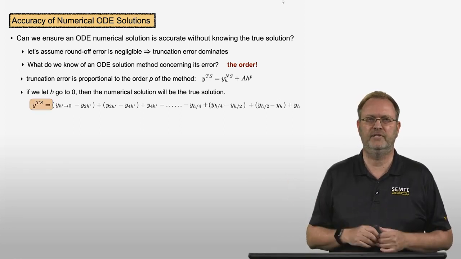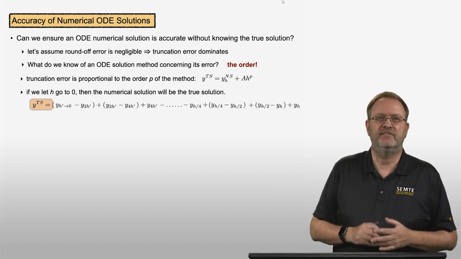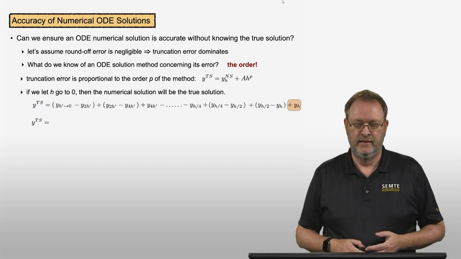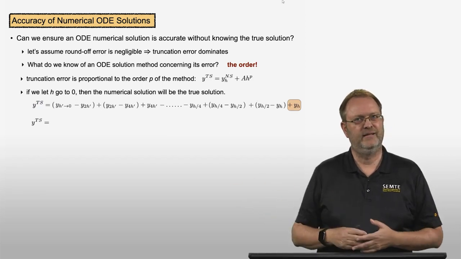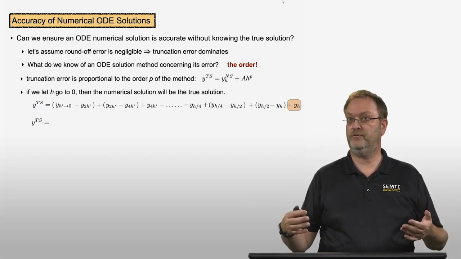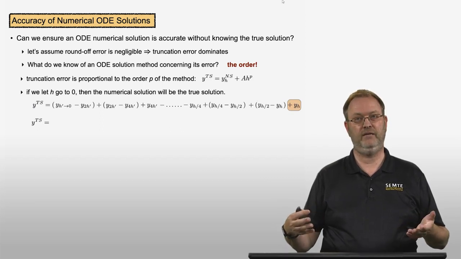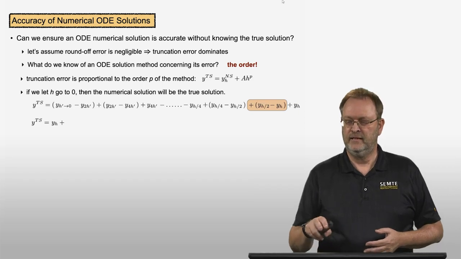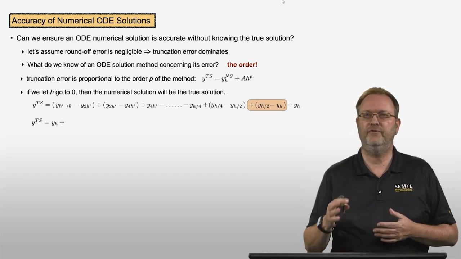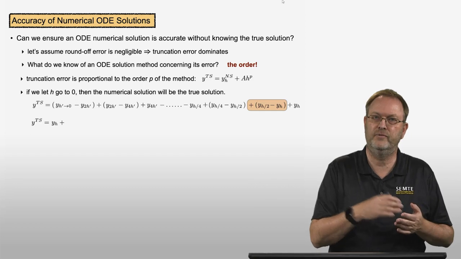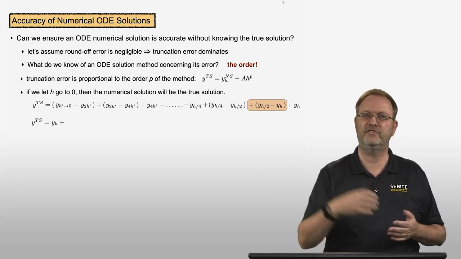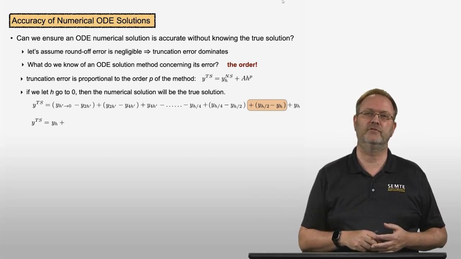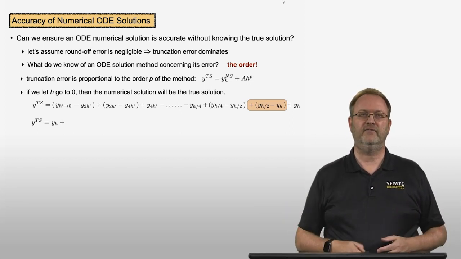So what do I know about these terms? Well, let me rewrite this equation. The true solution is equal to, let me start from the right, my numerical solution obtained with a step size of h plus this difference: the difference of the numerical solution with a twice finer step size, so a factor of 2 smaller step size, minus my original solution at a step size of h.